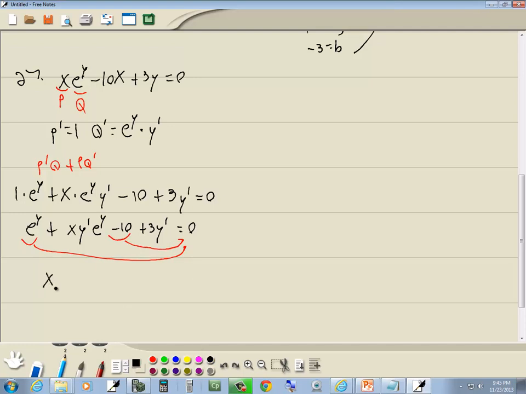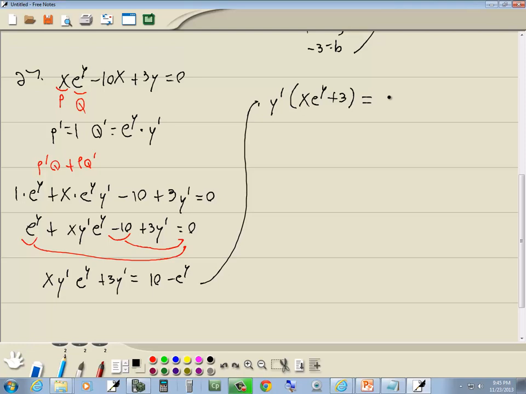So we get x y prime e to the y plus 3y prime is equal to 10 minus e to the y. We want to factor out a y prime, which gives us x e to the y plus 3 equals 10 minus e to the y.